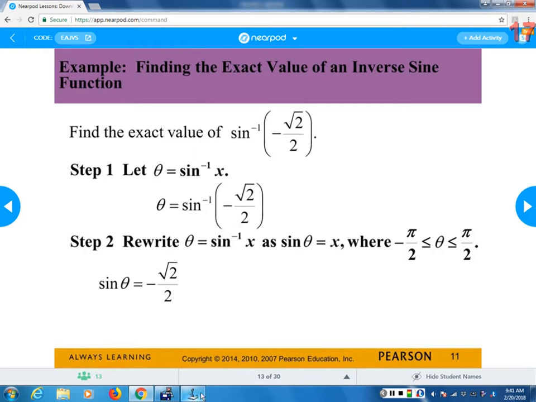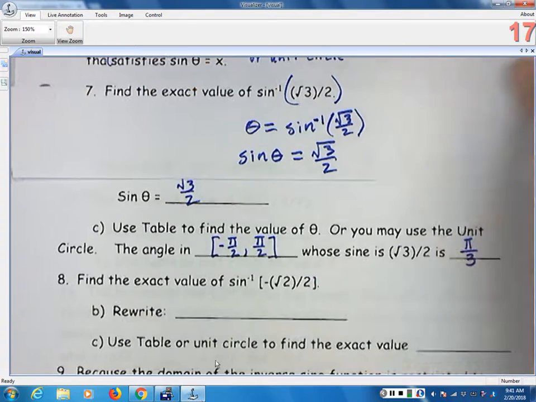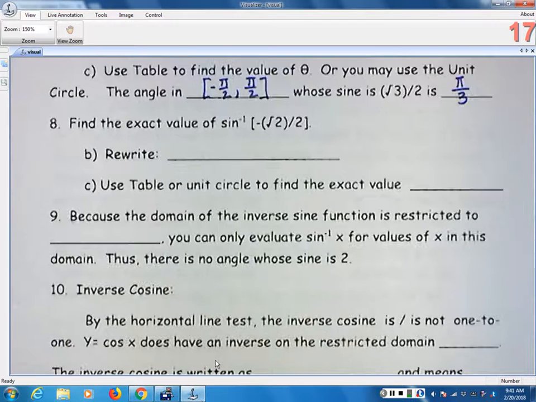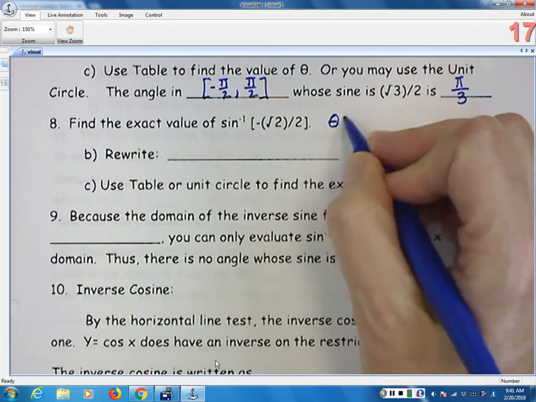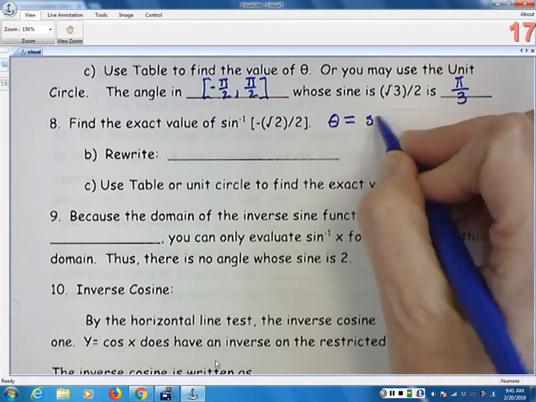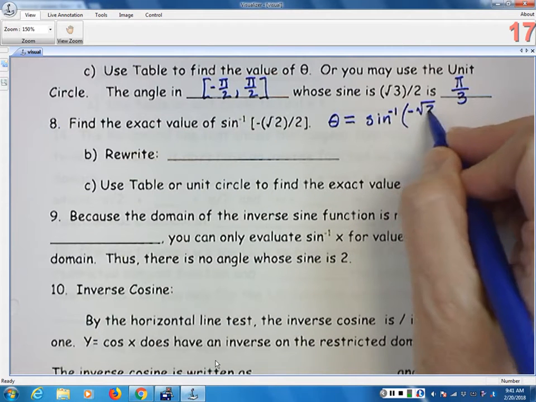All right, the next example. So here's the next example. And you should write these steps down. Don't skip these steps. This means that theta equals inverse sine of minus square root of 2 over 2.